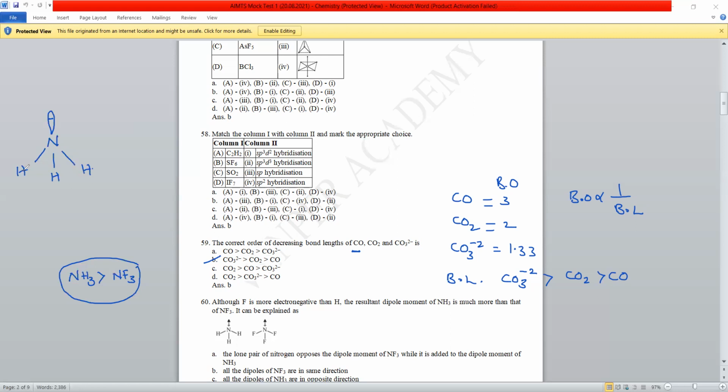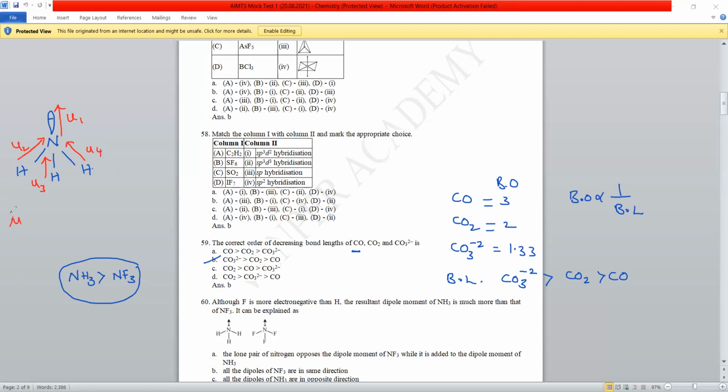Dipole moment is a vector quantity, right? Now check here: between hydrogen and nitrogen, which is more electronegative? Obviously nitrogen. So the direction is from hydrogen to nitrogen, here also hydrogen to nitrogen, and from the third hydrogen also to nitrogen, and from nitrogen toward the lone pair. Consider these as mu1, mu2, mu3 and mu4.